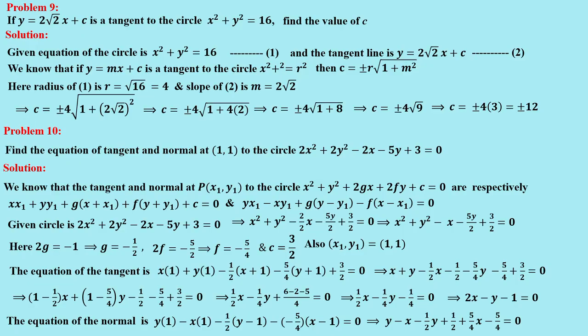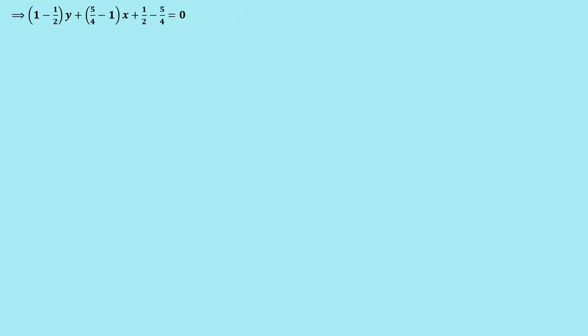So y minus 1 by 2y plus 1 by 2 plus 5 by 4x minus 5 by 4 equal to 0. Grouping x, y terms and constant term, 1 minus 1 by 2 y plus 5 by 4 minus 1 into x plus 1 by 2 minus 5 by 4. Taking 4 as LCM and simplifying, you will get 2y plus x minus 3 equal to 0, which is the equation of the normal.